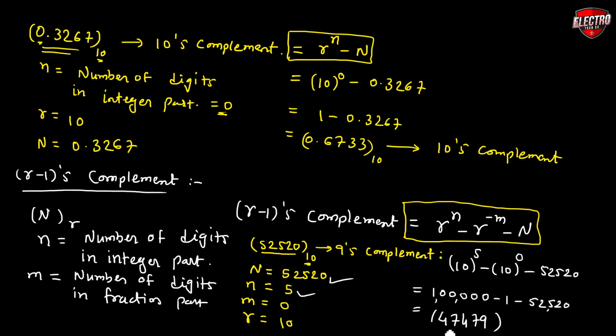This decimal number is the 9's complement of the given number. Clear? So this way we can calculate R minus 1's complement for any number.